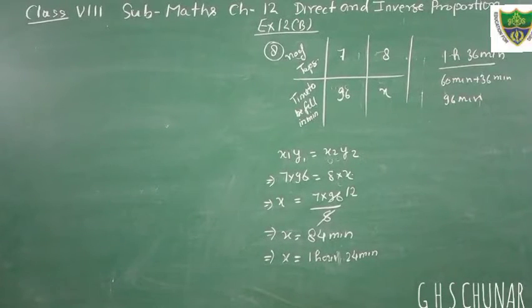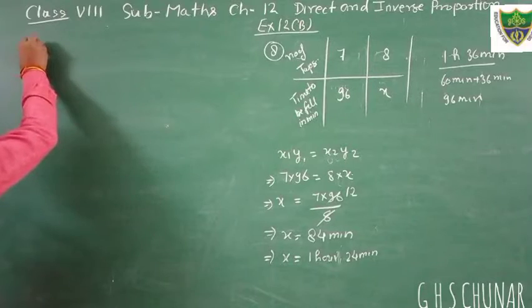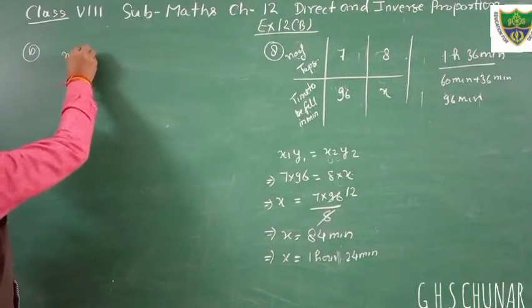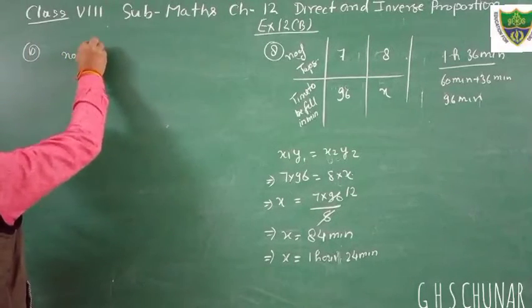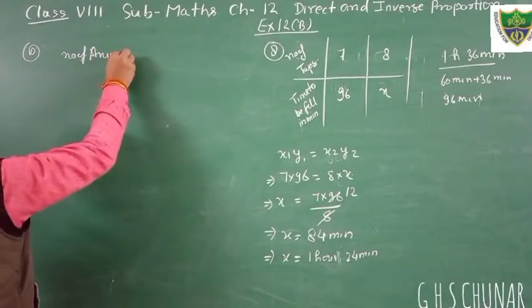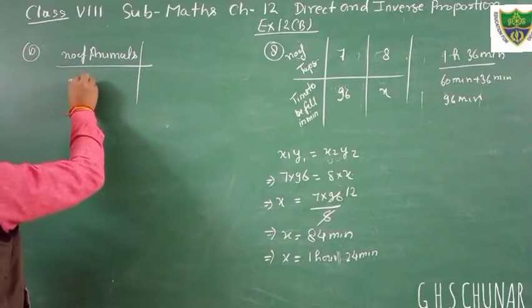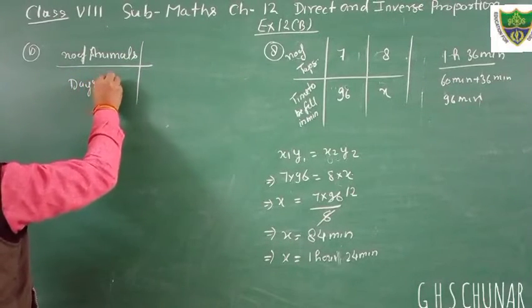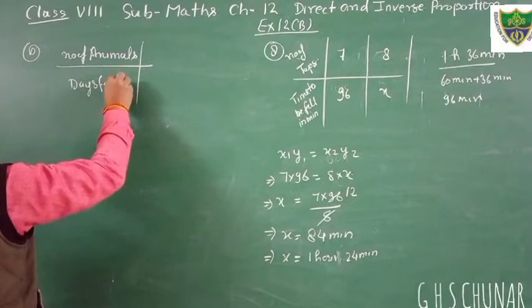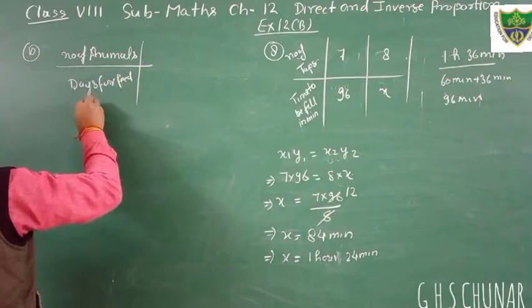In question number 10, a farmer has enough food to feed 28 animals in his cattle for 9 days. Here we have food, animals and days, the number of animals and days for feed.